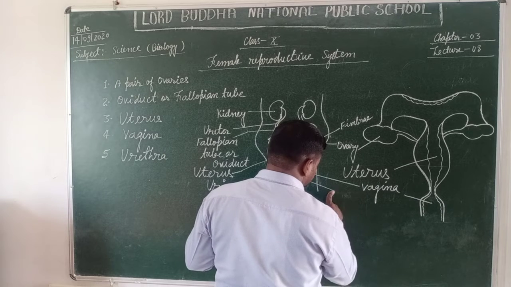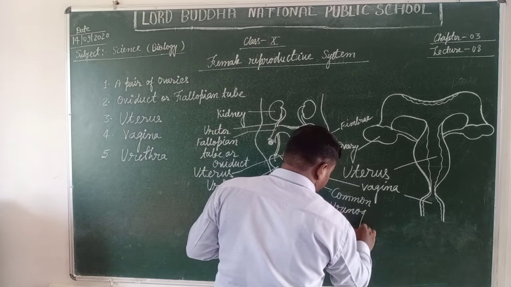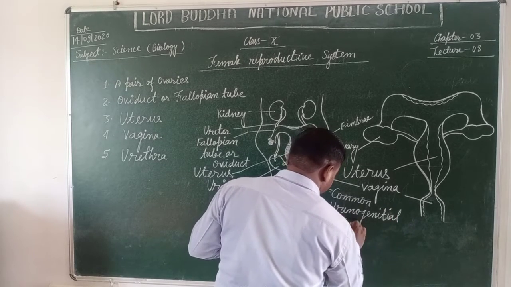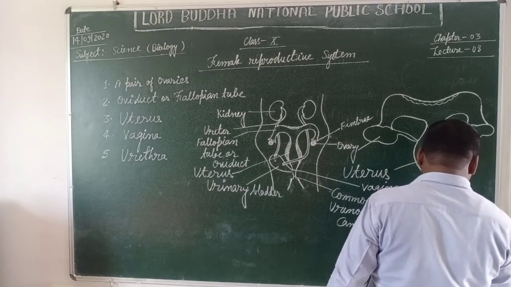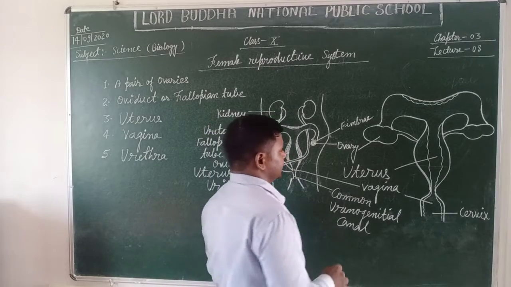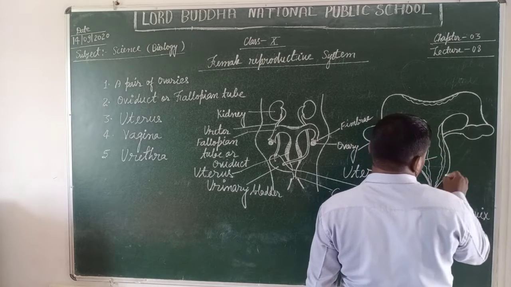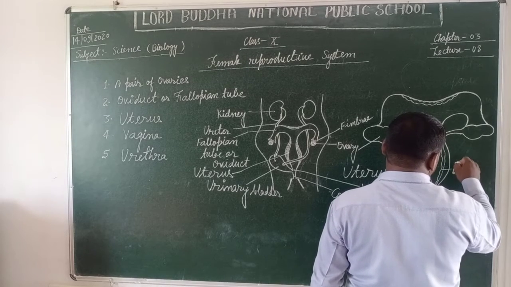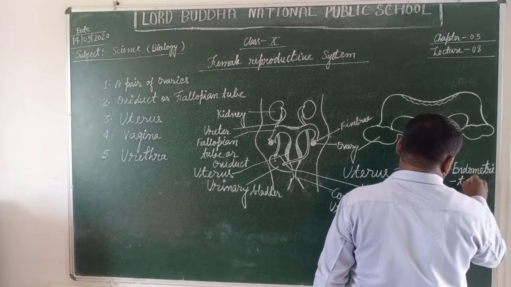Common urinogenital canal. That is the cervix, the neck region of the vagina, somewhat cylindrical in shape. The inner lining is called endometrium.